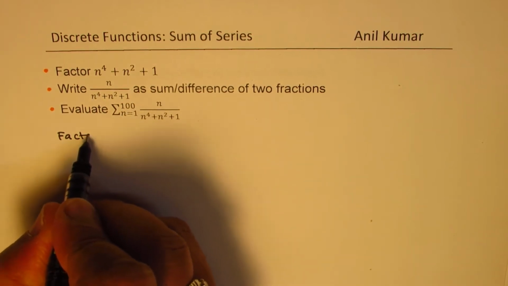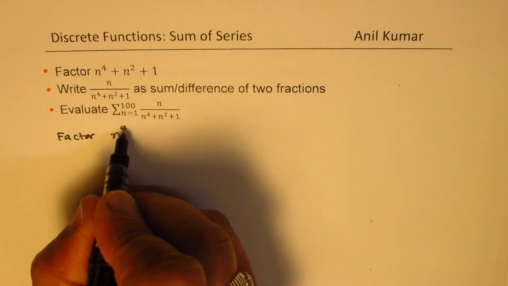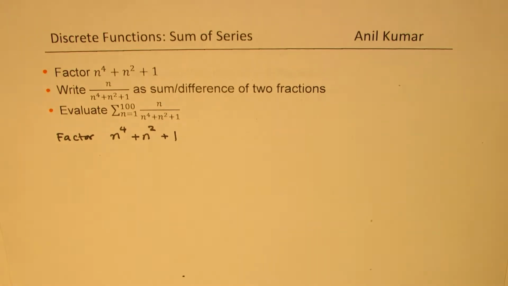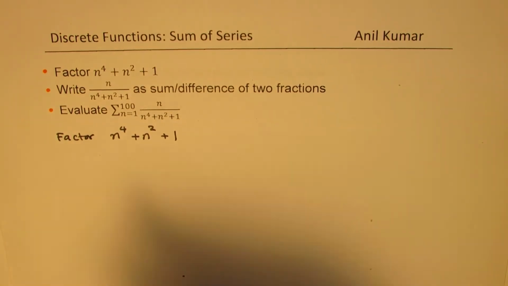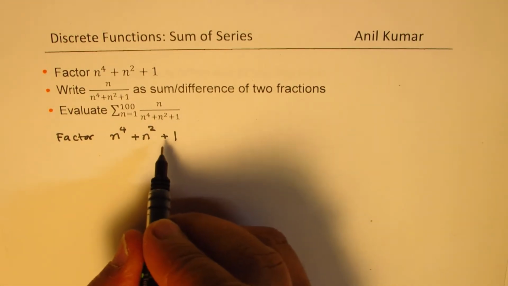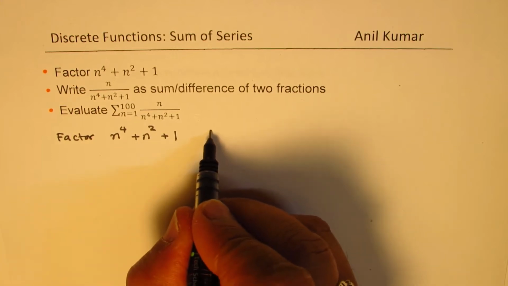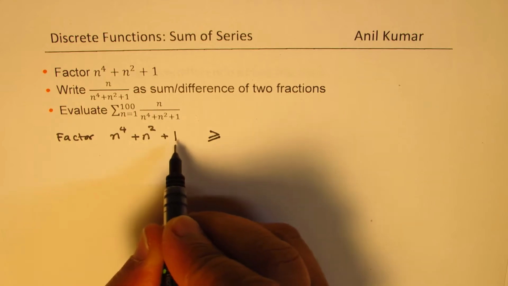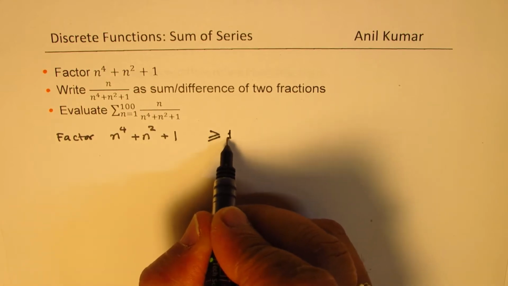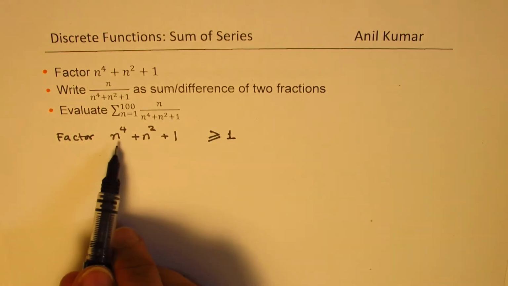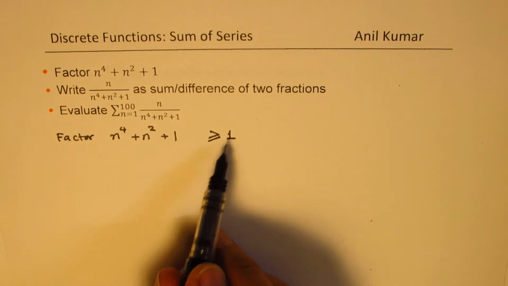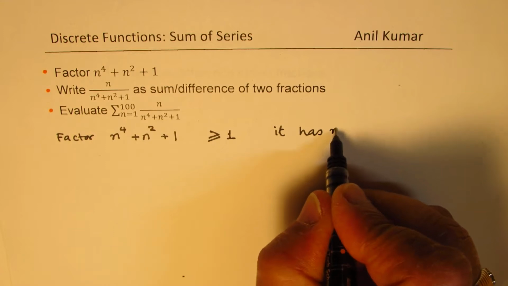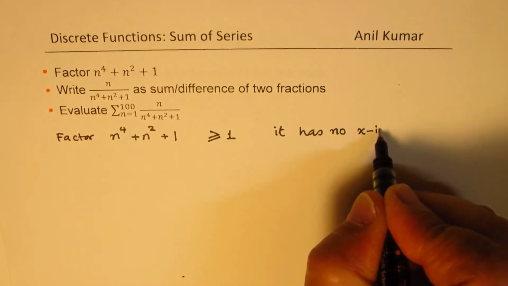So we'll first factor n to the power of 4 plus n square plus 1, right? You will realize that this particular trinomial is always greater than or equal to 1, correct? Since this is greater than or equal to 1, it has no x-intercepts.